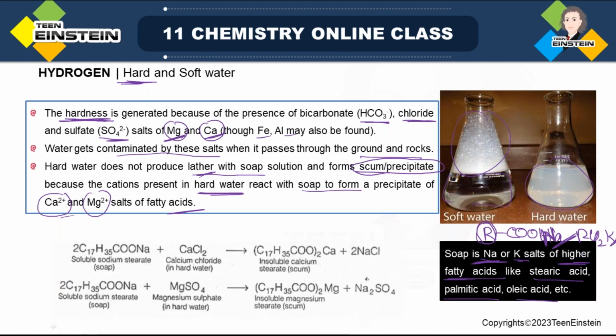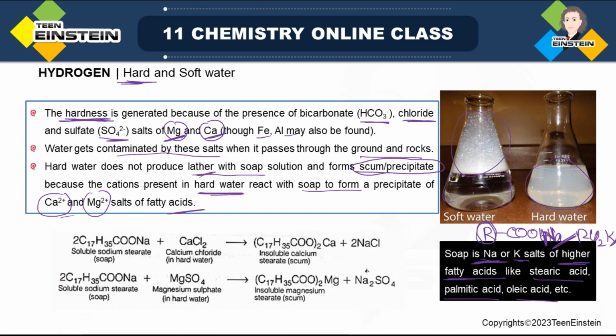You see, this is the equation. We have taken the sodium salt of stearic acid. Stearic acid is basically C17H35COOH. But as it is the sodium salt, this H is replaced by Na. So this is the sodium stearate molecule. It is soluble. It is the soap molecule.